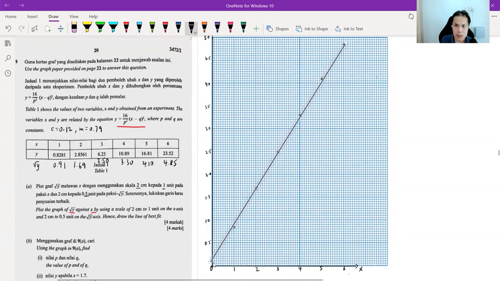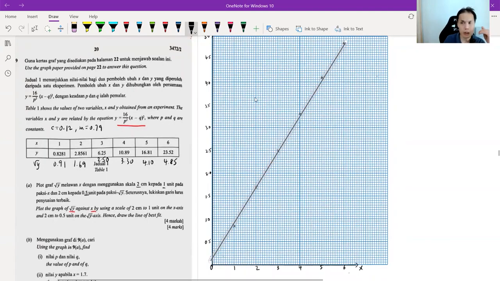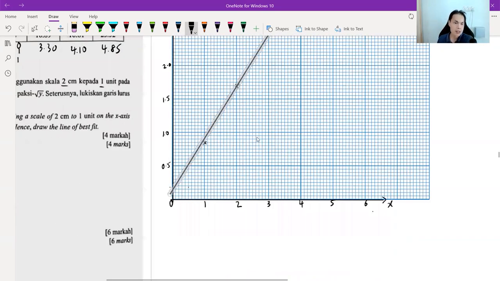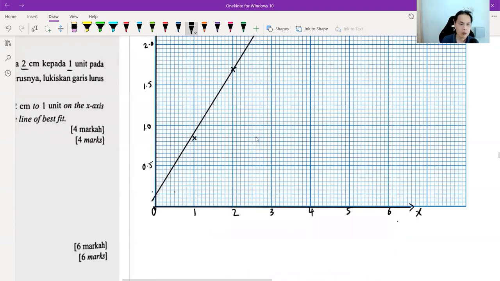Now the good news is when you know your gradient and y-intercept in advance, we can actually detect if I make any mistake, if any points are plotted wrongly. As you can see here, I detected one mistake. When x is 1, it is supposed to be 0.9, but just now it's a bit lower. So I actually see one mistake here.